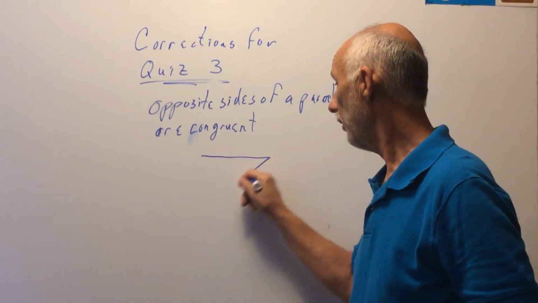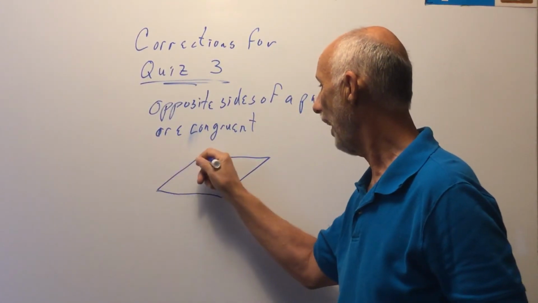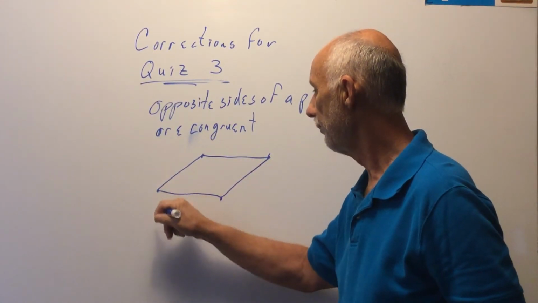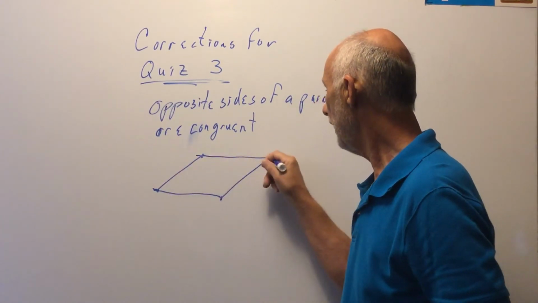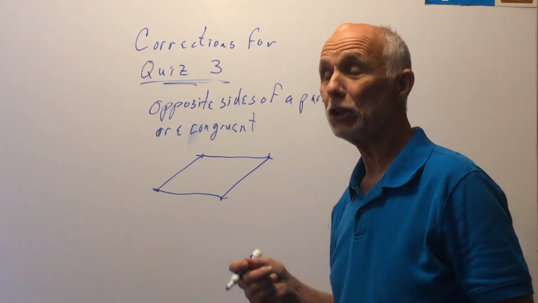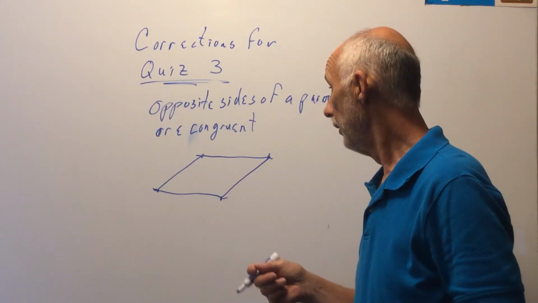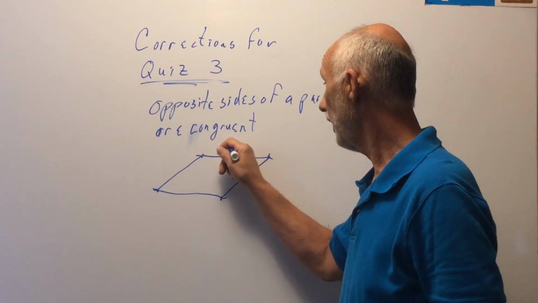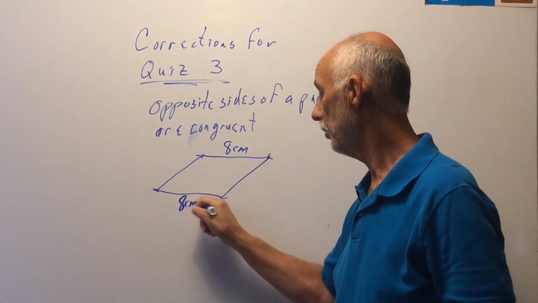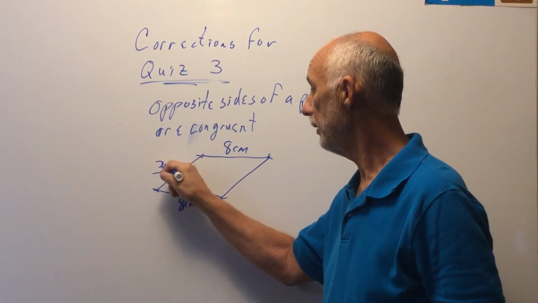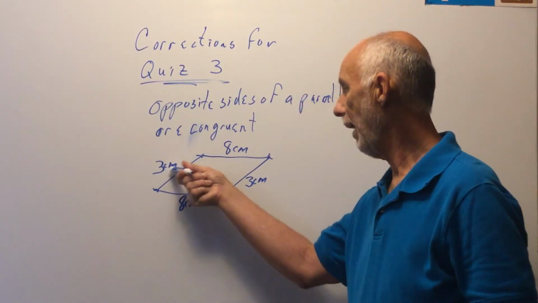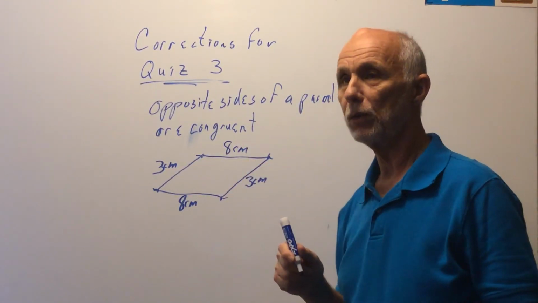If you looked at a parallelogram, you could see that this distance and this distance are the same, and this distance and that distance are the same. But it's important to note that it doesn't just look the same, but it is the same. So if I knew that this was, say, 8 centimeters, then that would have to be 8 centimeters. And if this was 3 centimeters, that would have to be 3 centimeters, because opposite sides are congruent.